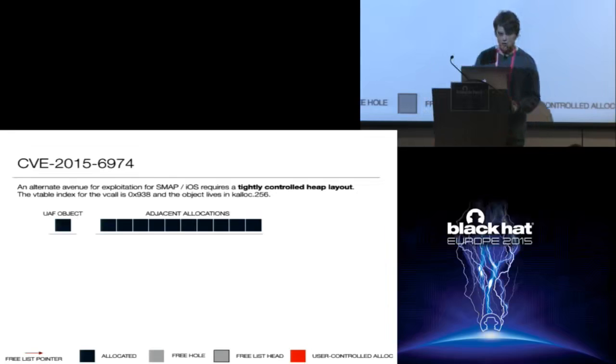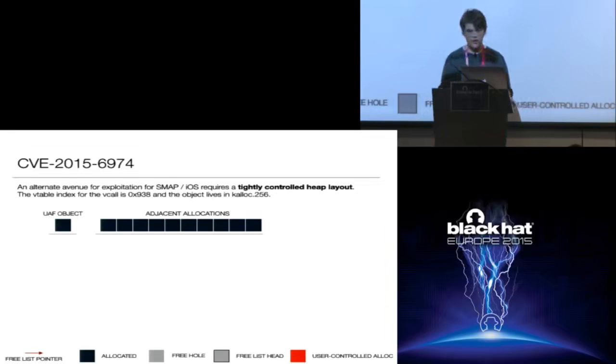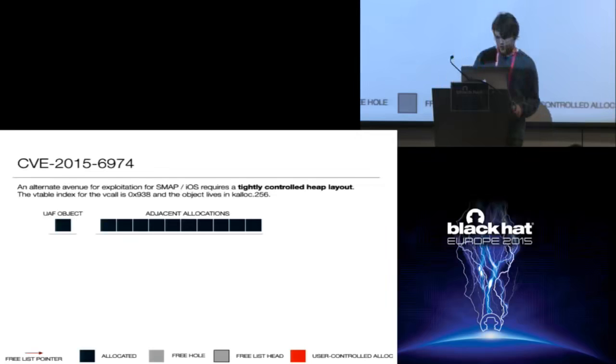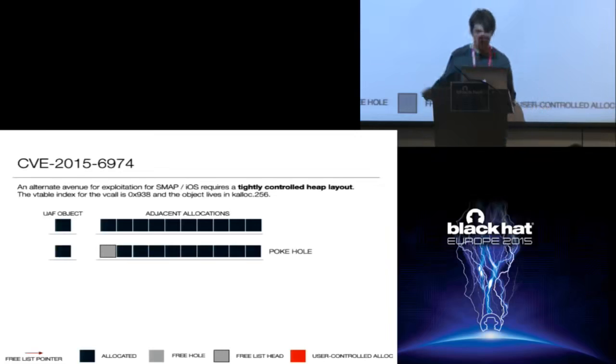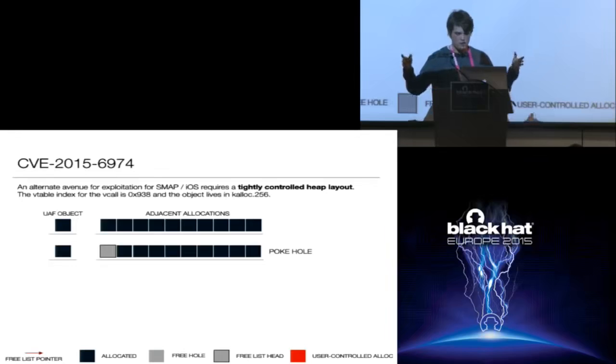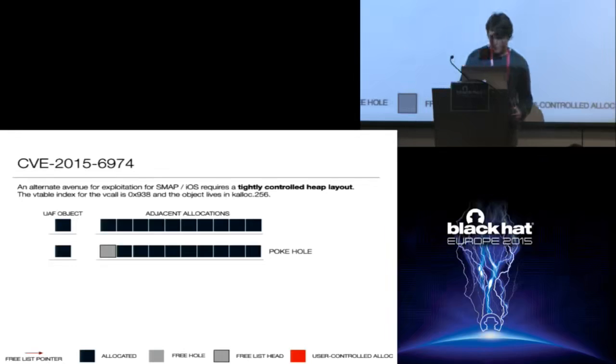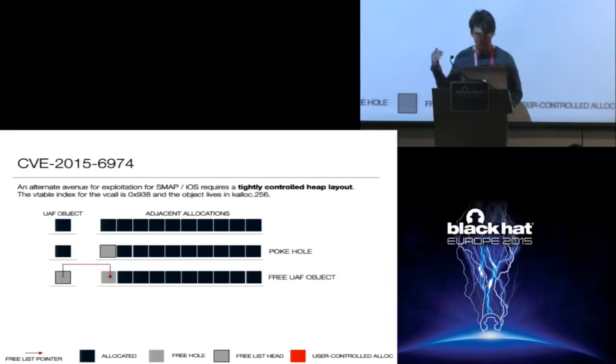Essentially, the trick is that the object which is freed resides in the kalloc.256 zone, and the vtable call index is at a very high number. So if you abuse the free list, you can do this essentially. You poke a hole in the first allocation on a chunk of adjacent allocations you control, and then you free the use after freed object.